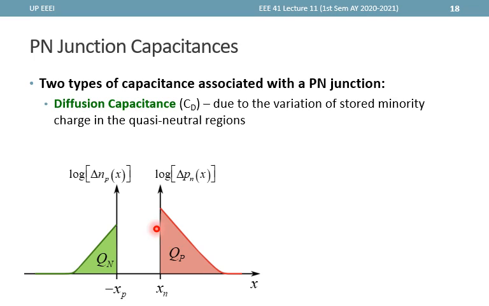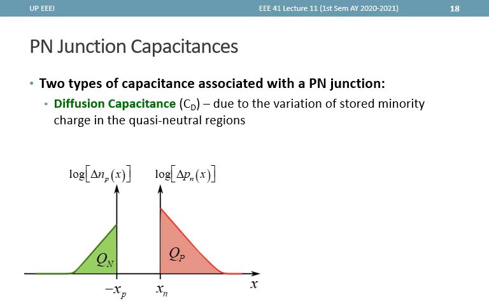Okay, and these charges are actually diffusing within the material but are just replenished every tau. Now, since this is a small signal capacitance, we are actually talking about the incremental charge.